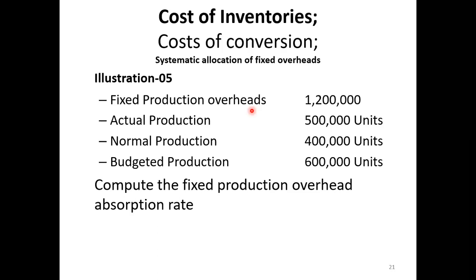But now the actual production is higher, so you can expect that the per unit fixed cost will be reduced, right? So this time the total fixed overhead of 1.2 million will be charged for production cost. There is no loss or gain here, right?